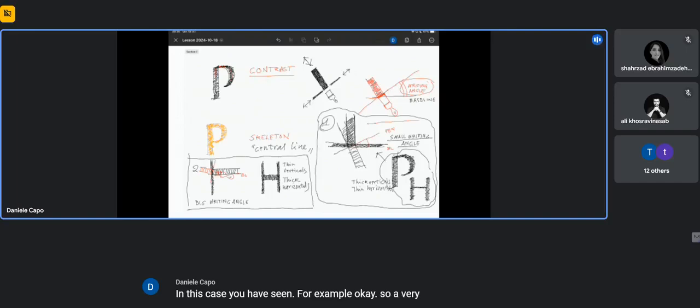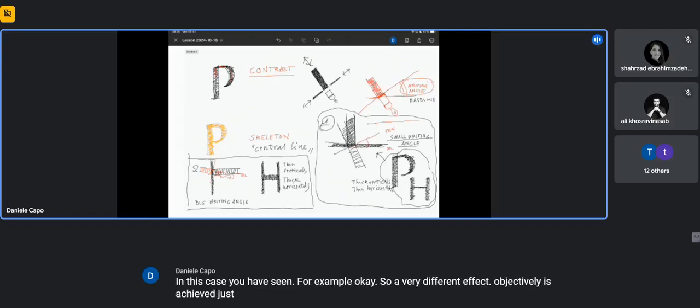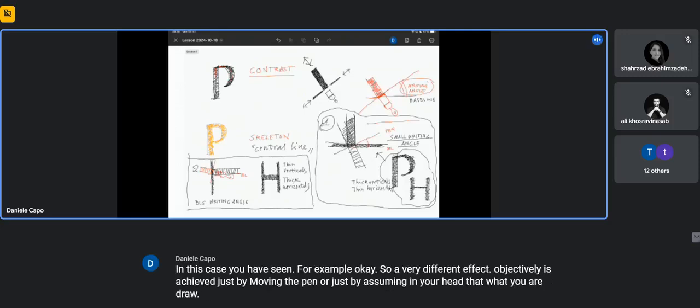So a very different effect, objectively, is achieved just by moving the pen, or just by assuming in your head that what you are drawing is produced by a pen that is held at a steeper angle.